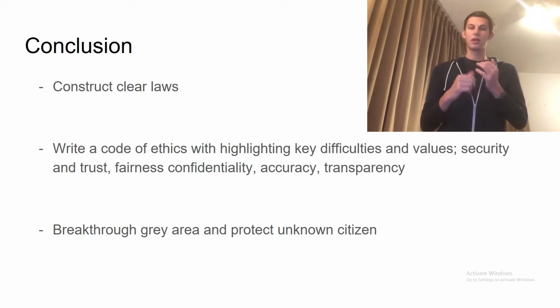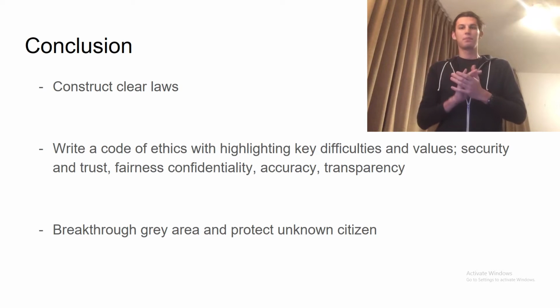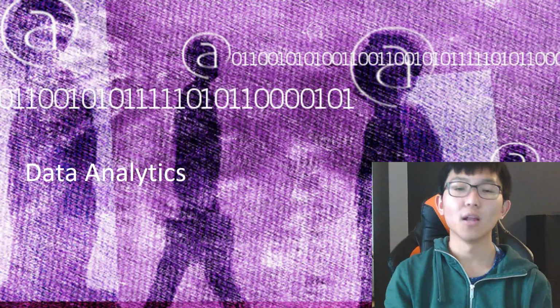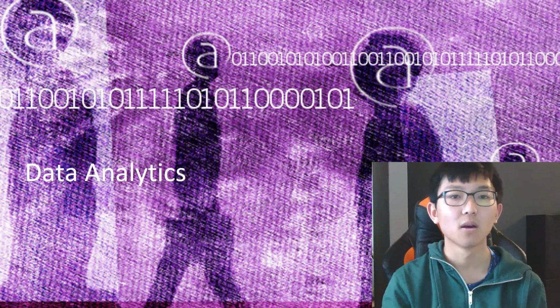So security, trust, fairness, confidentiality, accuracy, transparency are all keywords that really define the importance of ethics in this crime prevention analysis.